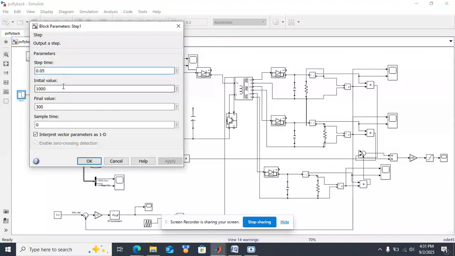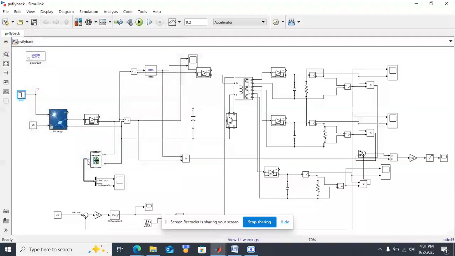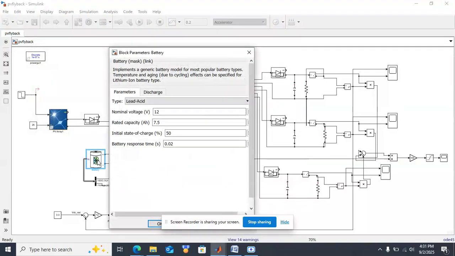It is maximum irradiation, and after 0.05 seconds it is reduced to 300 watt per meter square. When it is reduced, the battery should provide the supply.